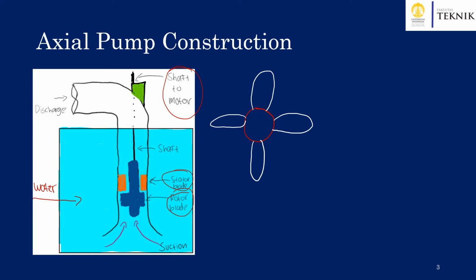It has a number of blades that normally range from 2 up to 8, so there will be a minimum of 2 or a maximum of 8 of them.